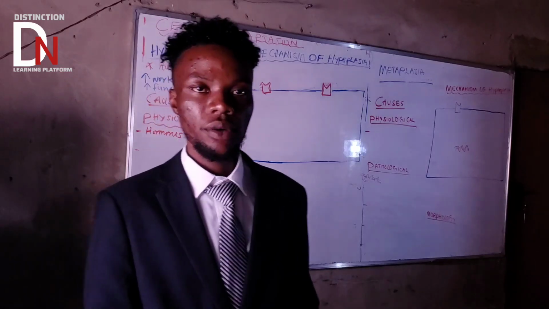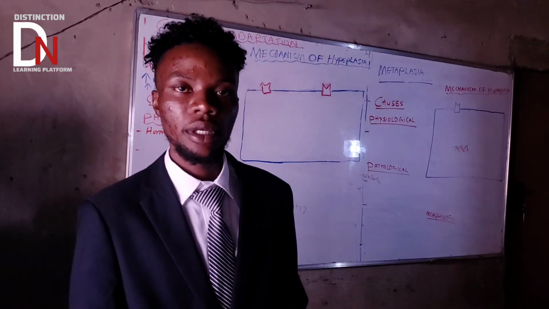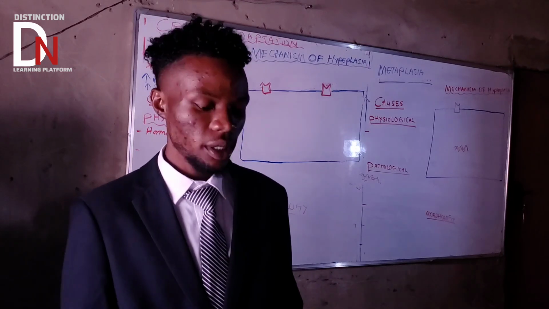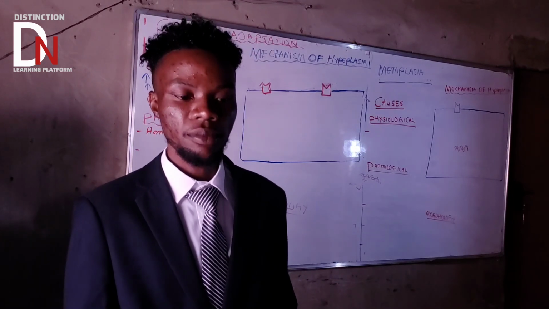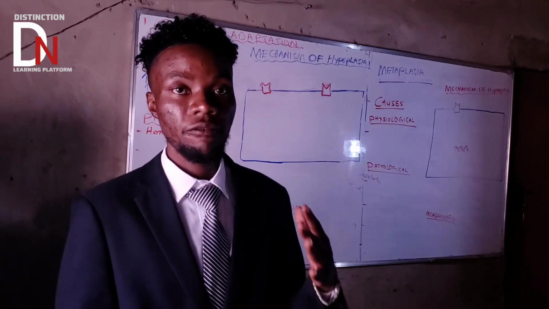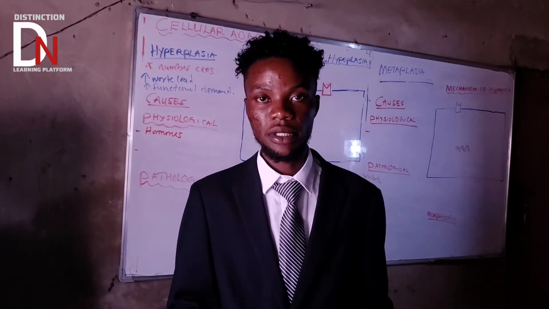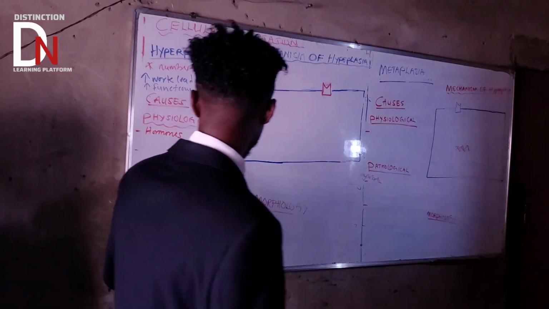When a female reaches puberty, during pregnancy and also during lactation, you find that there will be hyperplasia of the breast, meaning that the number of cells inside the breast is going to increase. Okay, that's the first physiological cause, because that's a normal thing that happens in females. Okay, that's under what? Hormones.